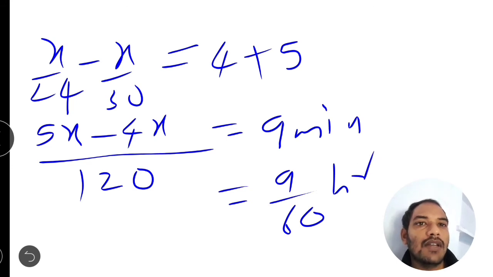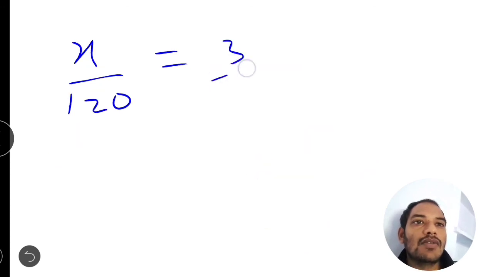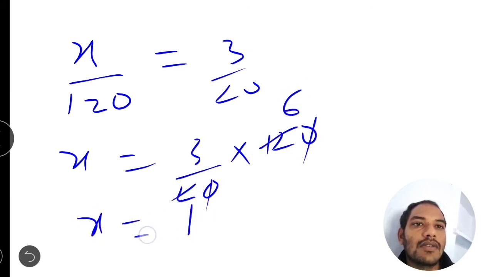So 5x minus 4x is x divided by 120, it is equal to 9 by 60, here 3 3s are 9, 3 20s are 60, then 3 by 20. So then x equals 3 by 20 into 120. So the zeros cancel, 2 1s are 2, 6s are, then x equals 3 into 6 is 18 kilometers.